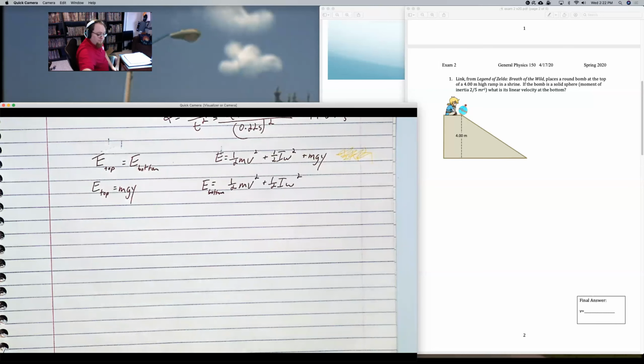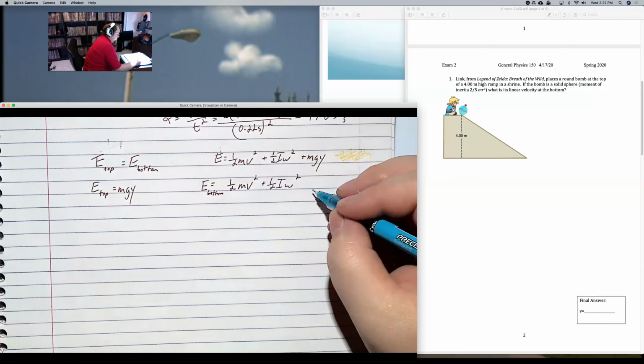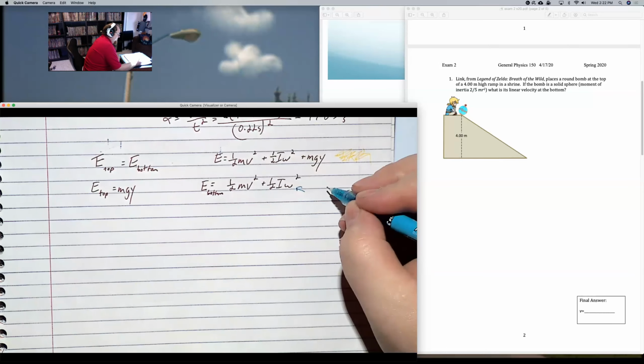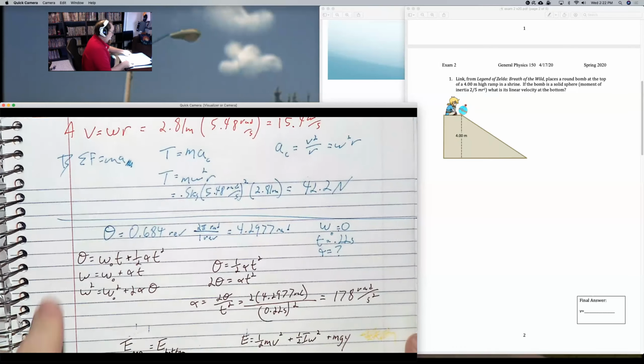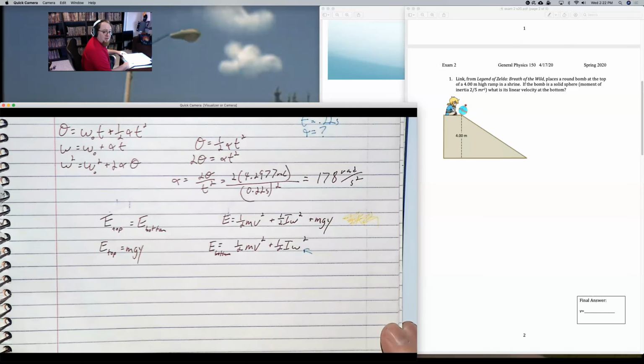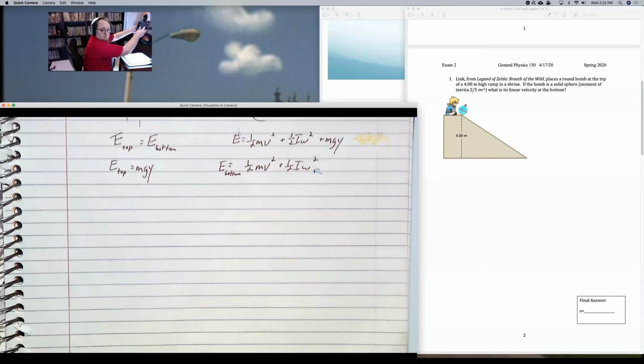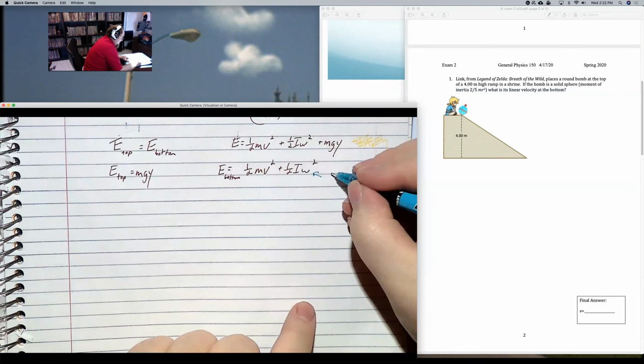Now, I want to solve for v, but v and omega are related. Earlier on, I said v equals omega r. Rearranging that equation, omega equals v over r.